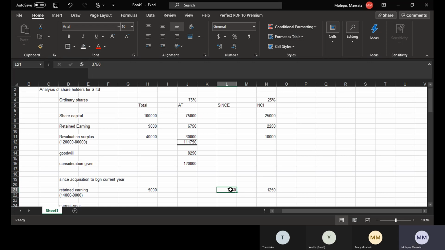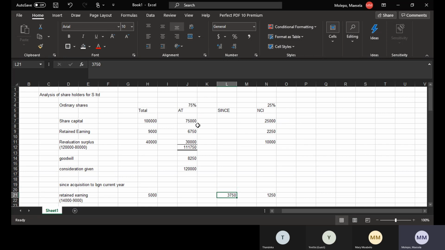If you check, the 37,250 plus 1,250, and then you add the 30,000 from the analysis, the one of the preference shares. Now they give you that amount of 68,500.